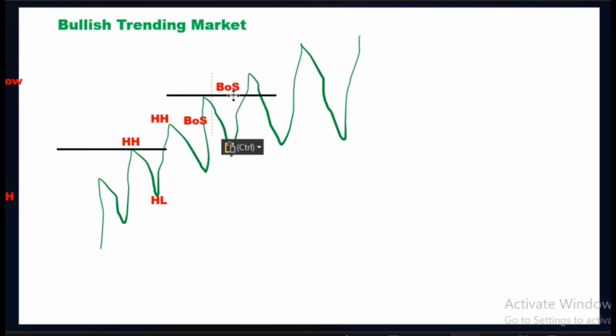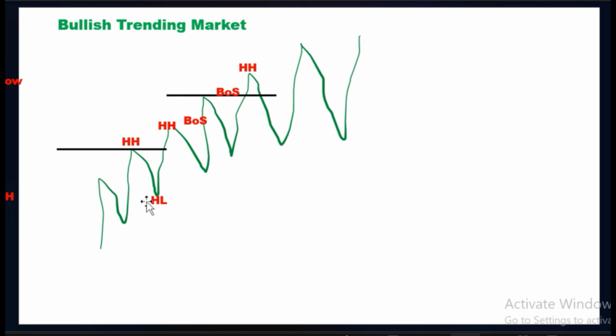We have another break of structure here. So this is another high, another higher high. So as long as the market keeps printing higher highs and higher lows, we call it a bullish trending market.